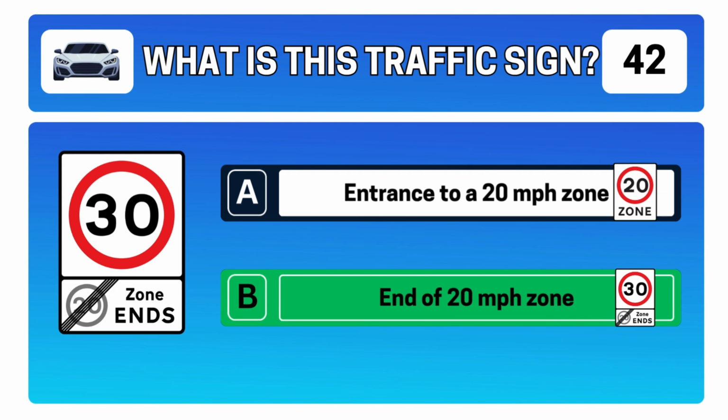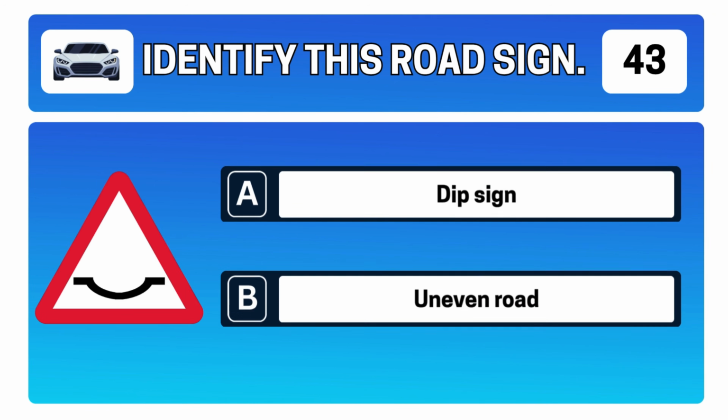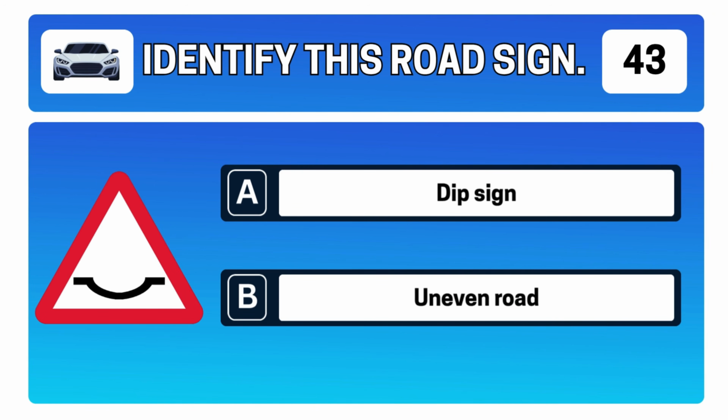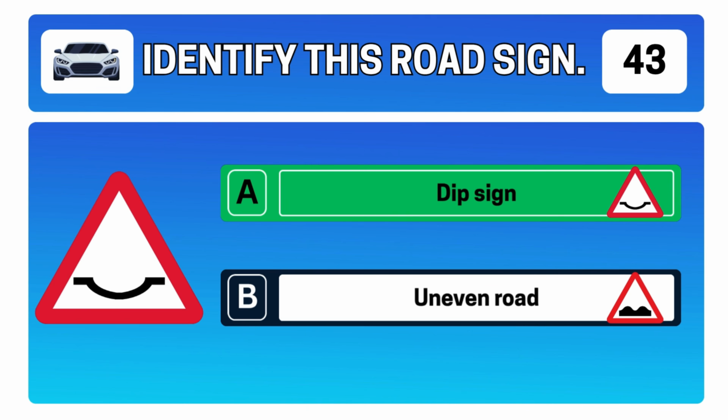Right, it is the end of 20 miles per hour zone sign. Identify this road sign. A. Dip sign. B. Uneven road. Good observation. It is the dip sign.